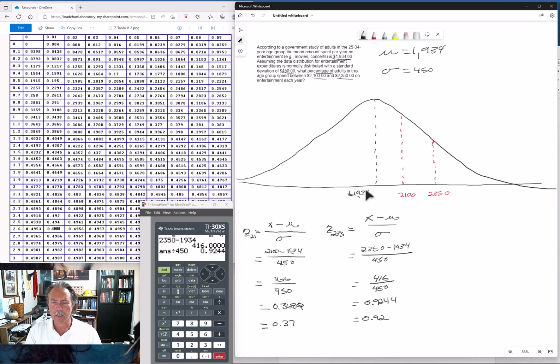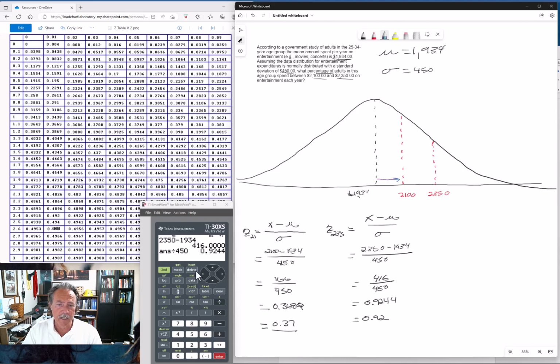So the first area, or the first value that we're going to look for in the z-table is for this z-score, 0.37. And back to our diagram, that 0.37 z-score will find us a value representing this area, the area between the mean of $1,934 and the raw score value, or the X value, of $2,100.